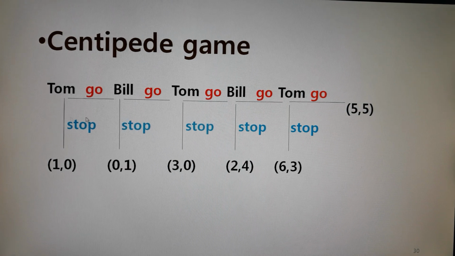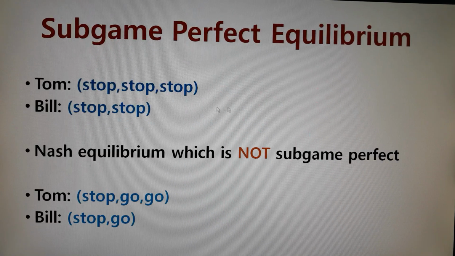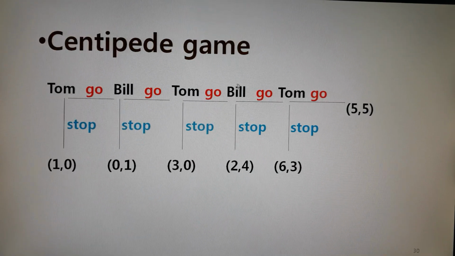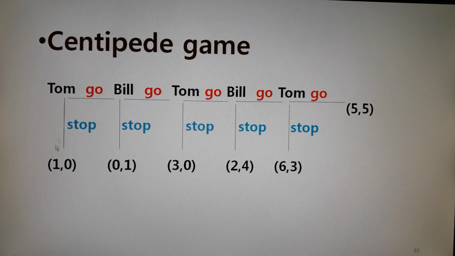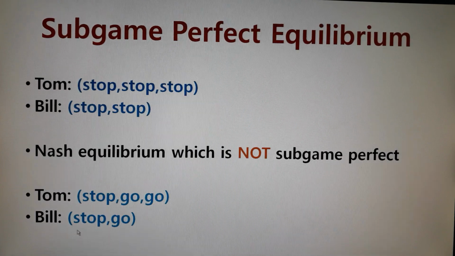From Bill's point of view, as long as Tom stops immediately, whether you change to go here or go there, whatever you do here doesn't matter, because the game already ended and you get 0. So Bill cannot get better by changing stop, go to something else.